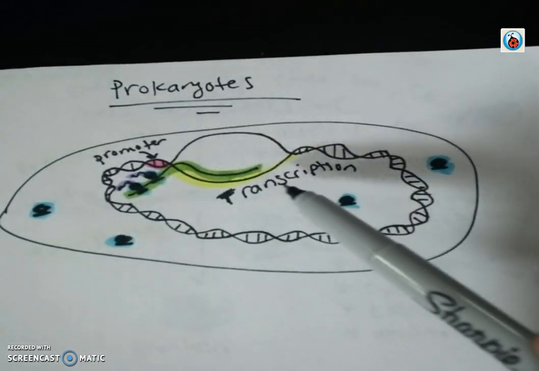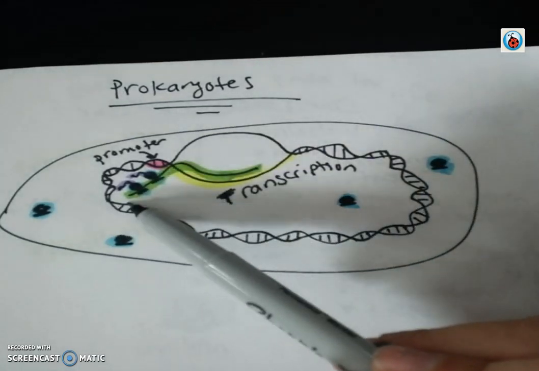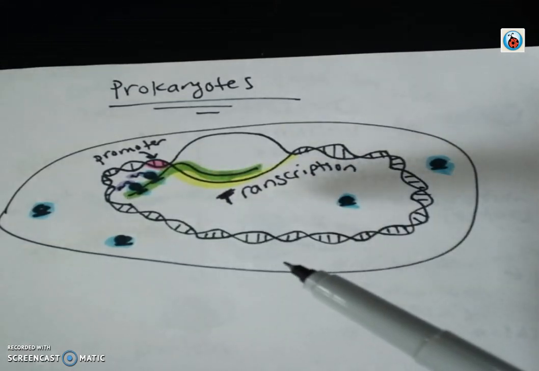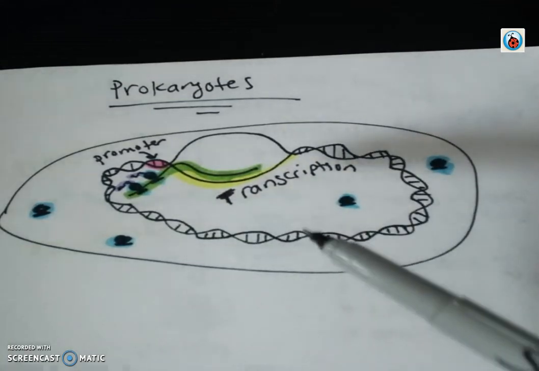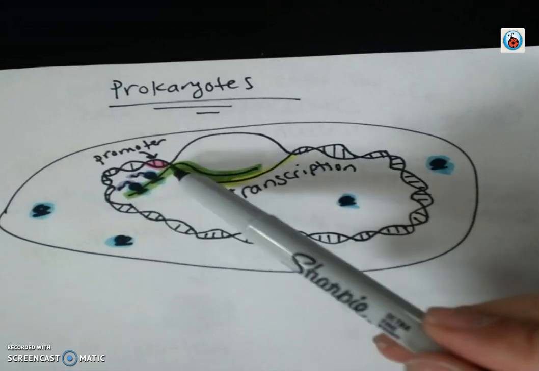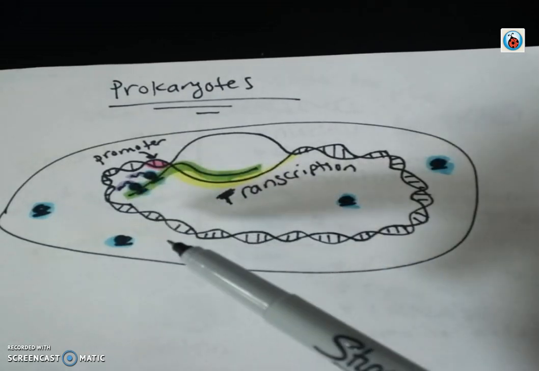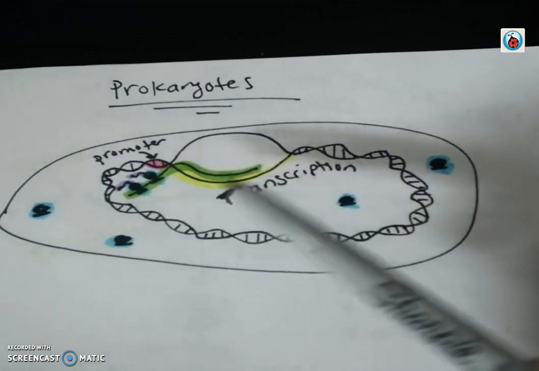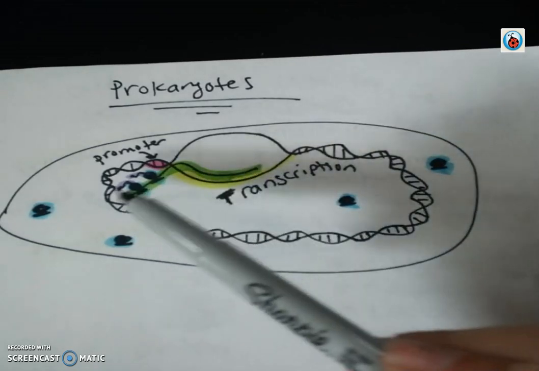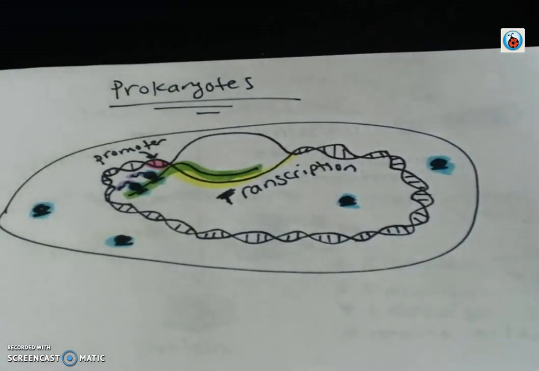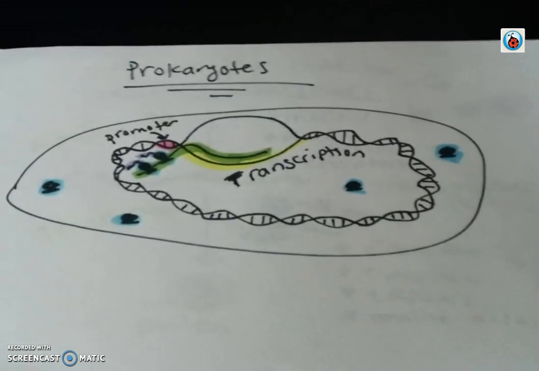Their RNA polymerase will build the messenger RNA, which is green. They do not do RNA processing, so as soon as the mRNA is being produced, ribosomes can begin to build their proteins. The transcription, which is this part, and translation can happen simultaneously in prokaryotes.